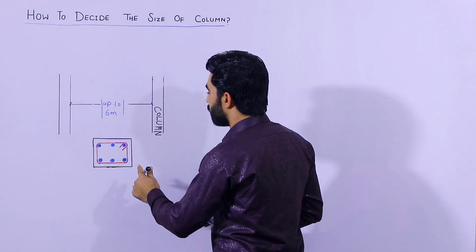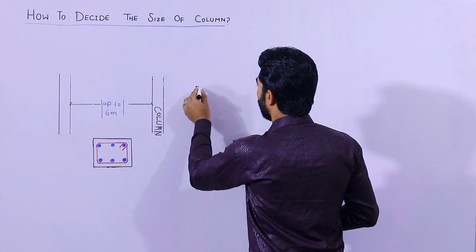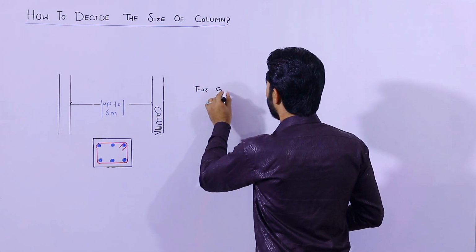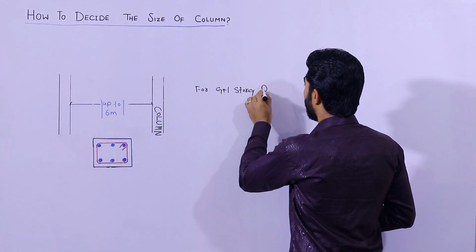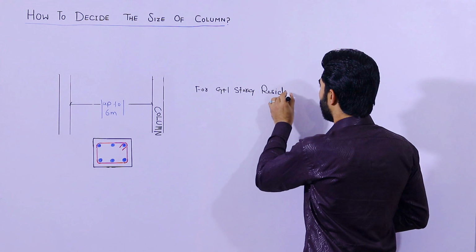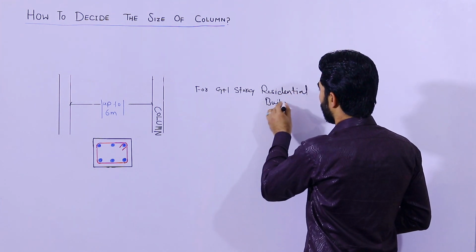So the size of the column should not be less than 4 for G+1 story residential building. Not for commercial building.